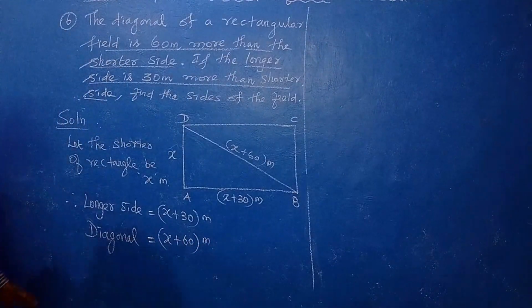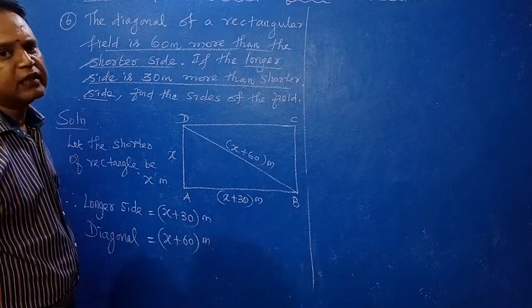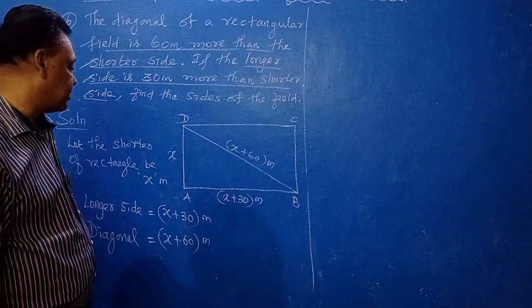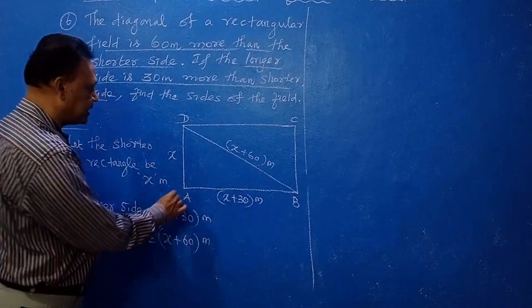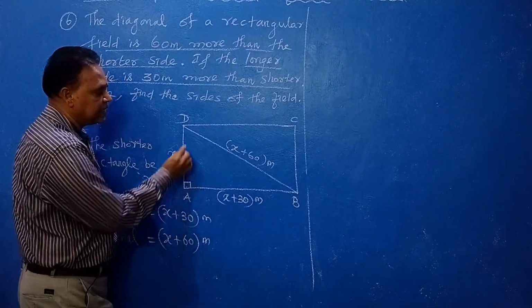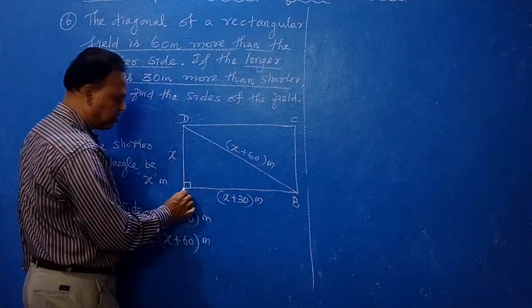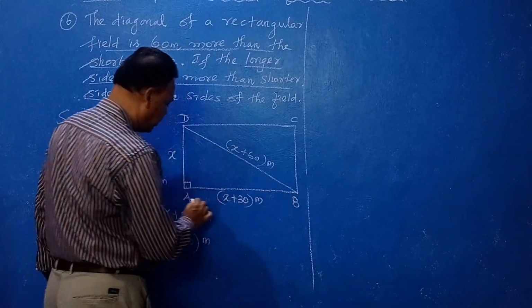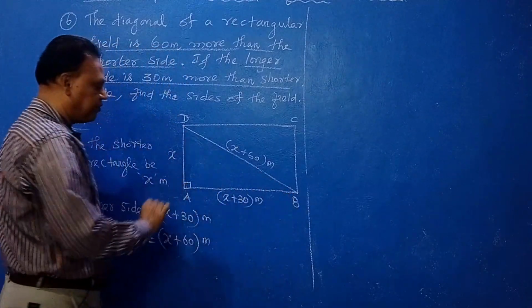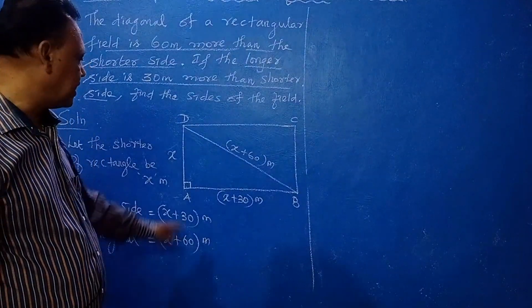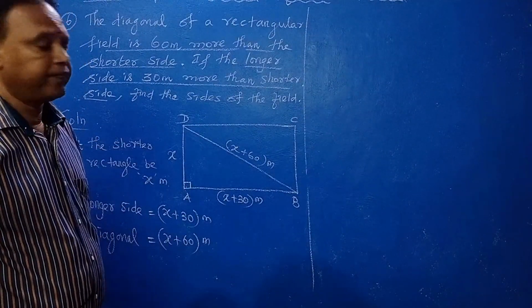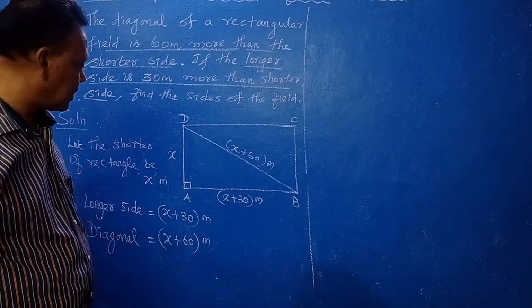Okay. Now on seeing this diagram, what can you say about it? You see, it is 90 degree. 90 degree means here you are getting a right triangle. Getting or not? When you have a right triangle, immediately what theorem will you remember? Pythagoras theorem.